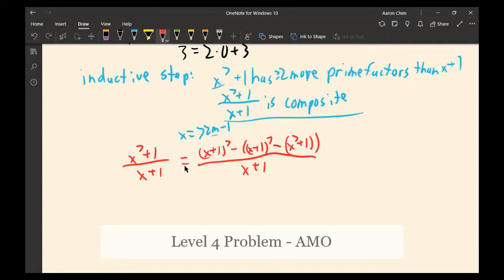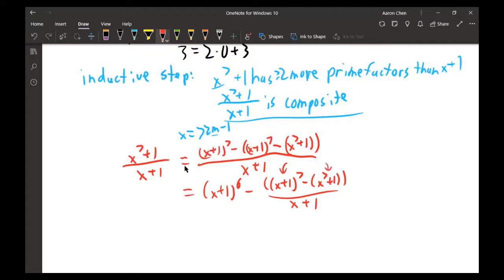And so this is equal to x plus 1 to the power of 6 minus x plus 1 to the power of 7 minus x to the 7 plus 1 divided by x plus 1. And so now we can use the binomial theorem here and then subtract out these values.